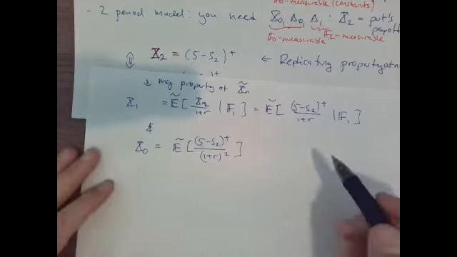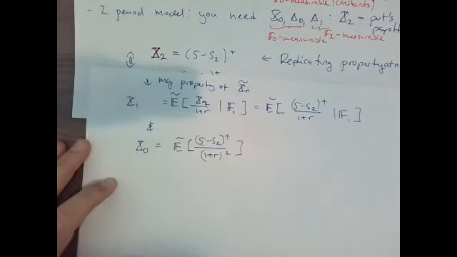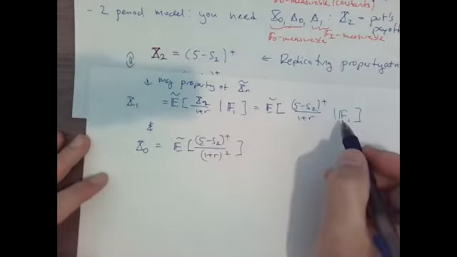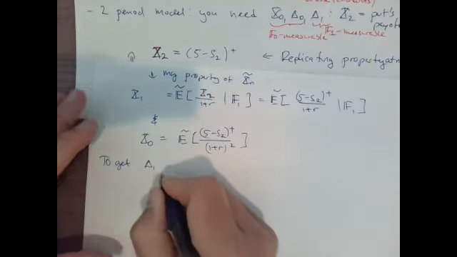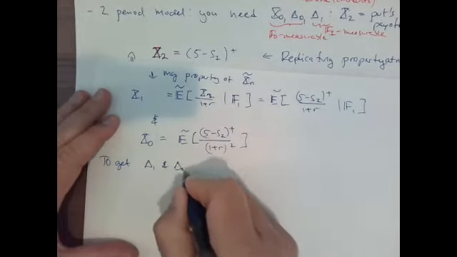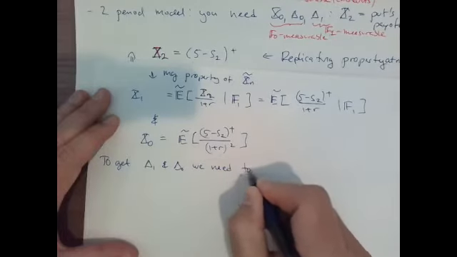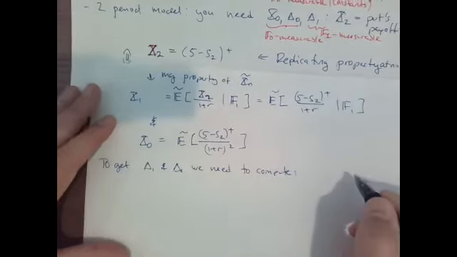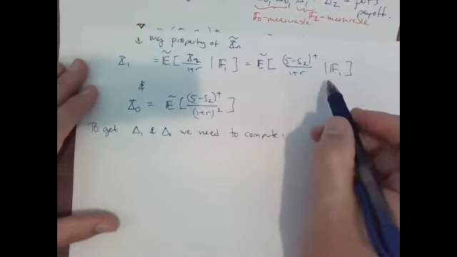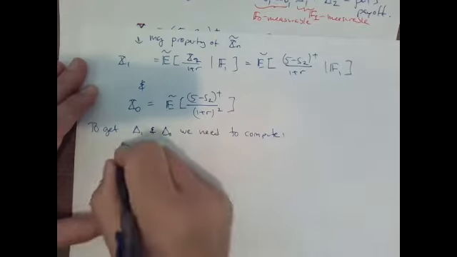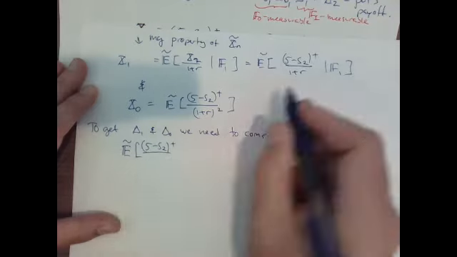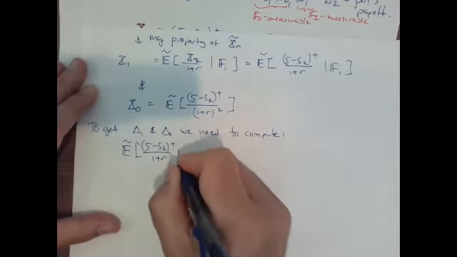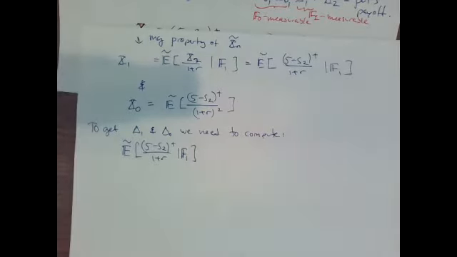So if I work out what the right-hand side here is, to get delta 1 as well as delta 0, we need to compute. So let me compute the right-hand side. This is (5 minus S2) positive part divided by 1 plus R, given F1.